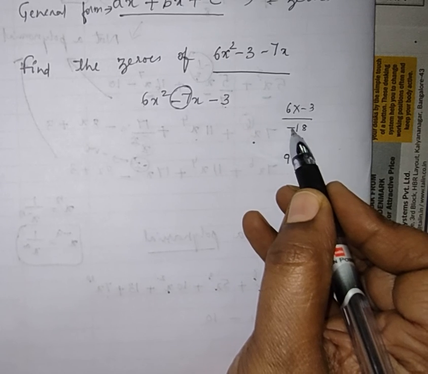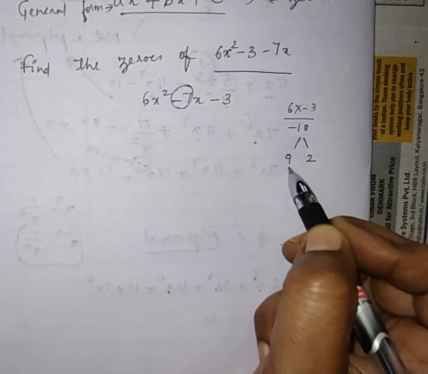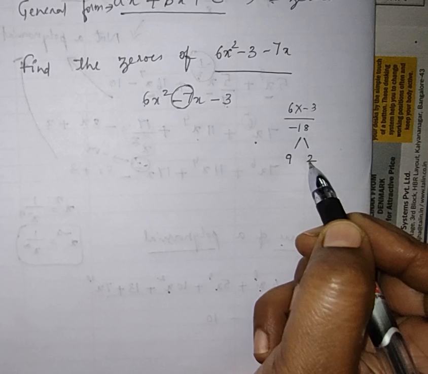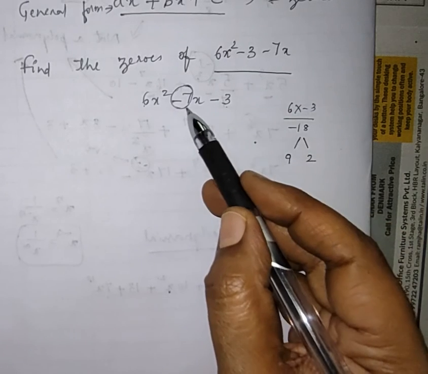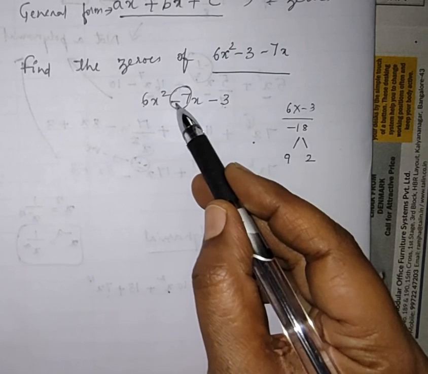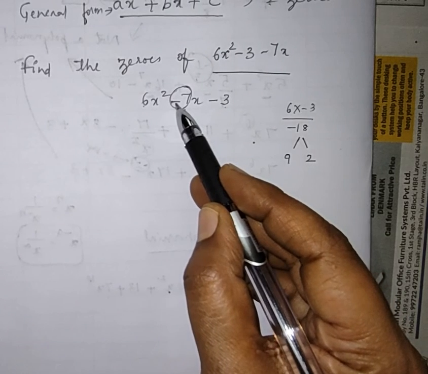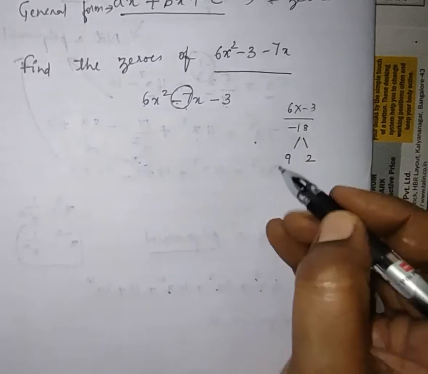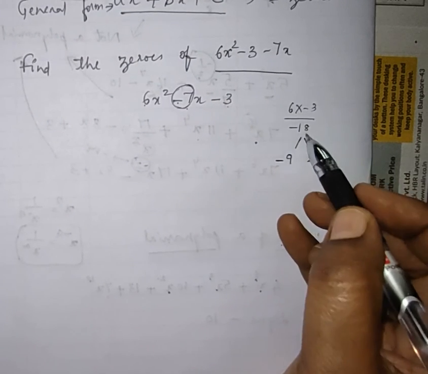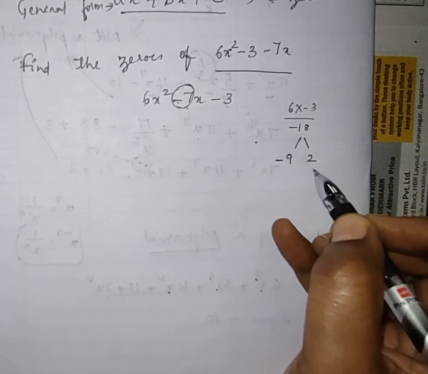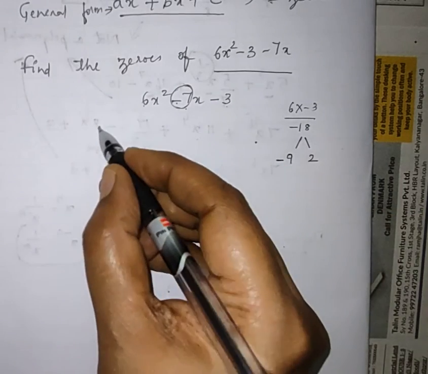Here you have a negative sign, so it should be assigned to either 9 or 2. To decide which, go to the middle term. Middle term sign is negative, so we assign the negative sign to the bigger number, that is 9. So the factors of minus 18 are minus 9 and 2 for this particular problem.